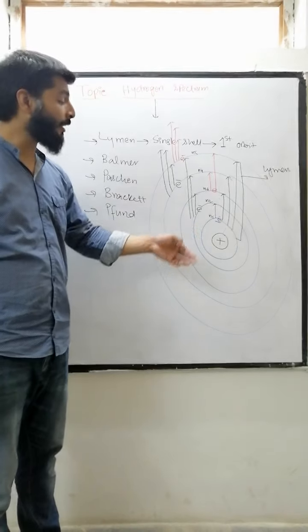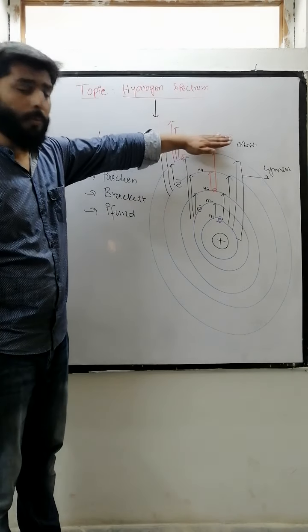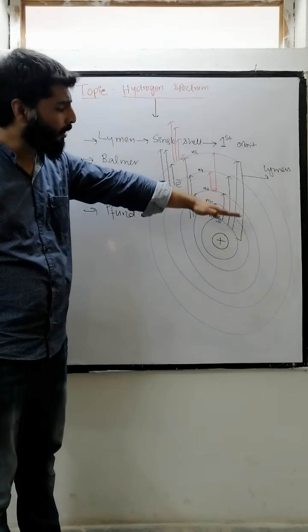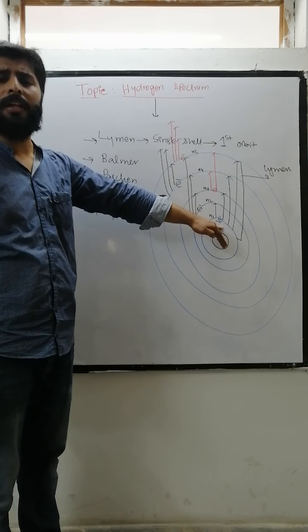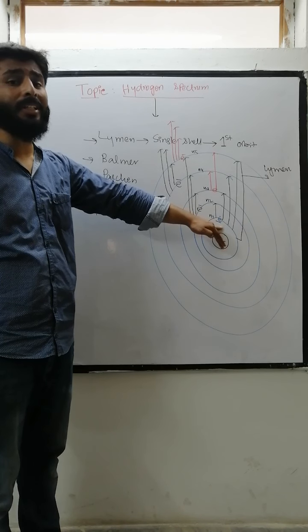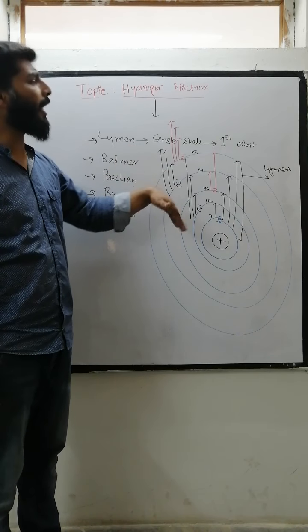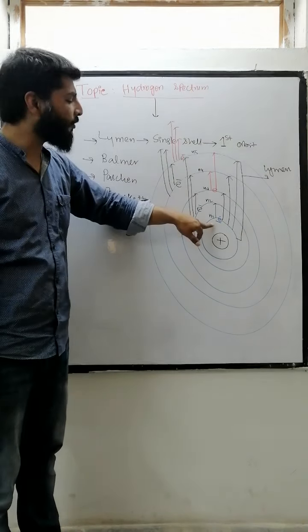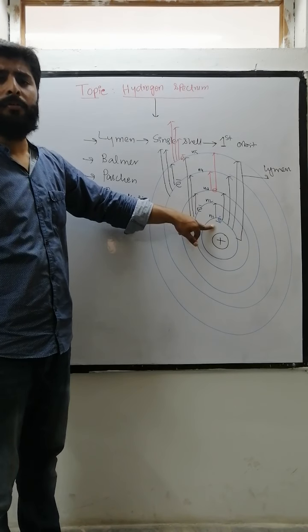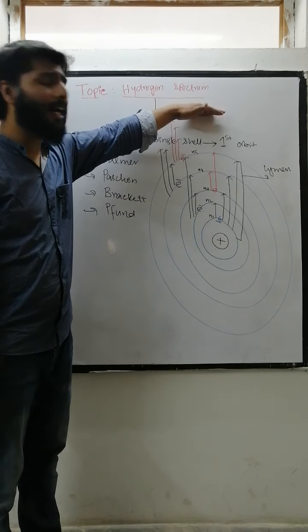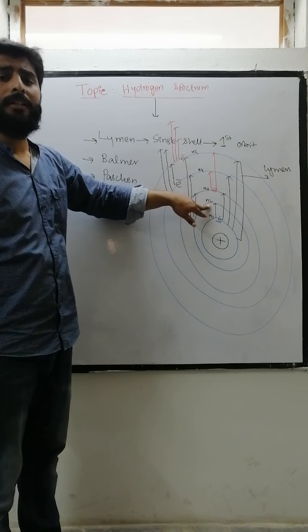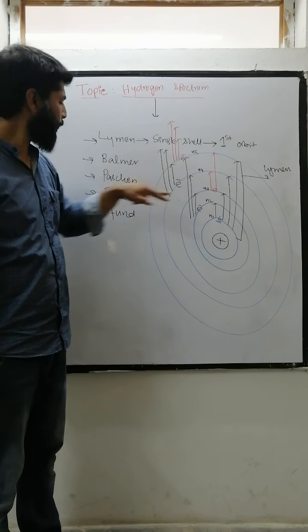In de-excitation, electron will jump from any of these levels to the respective levels. For Lyman series, electron can be de-excited from any higher level to the first energy level. For Balmer series, from any higher level to the second energy level.